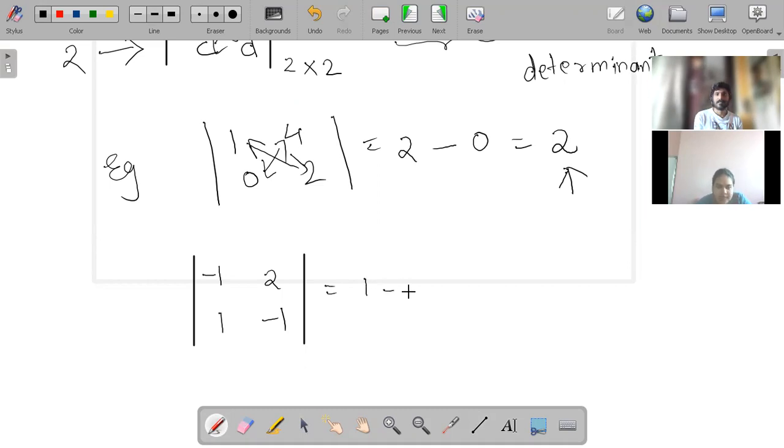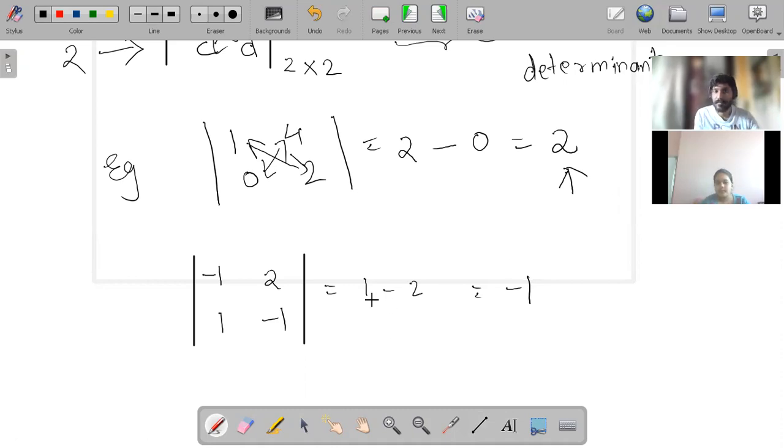Minus 1, 2. The first one's answer is minus 1, and the second one is 2 into 1, which is 2.